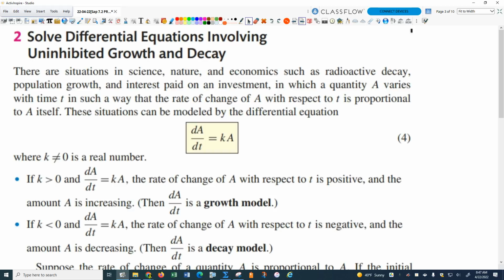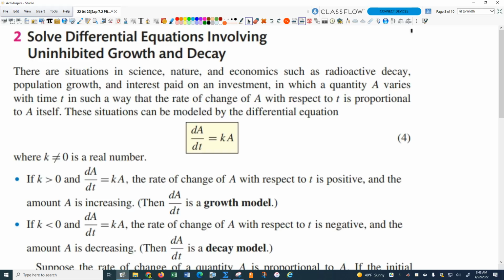Like the population growth of, I don't know, lemmings or something. At least initially, after a while, of course, they're going to run out of food and room, and then things change. But at least initially, it's going to follow this kind of model, where the rate of change of the population of lemmings is proportional to the number of lemmings available, because the lemmings have to reproduce.